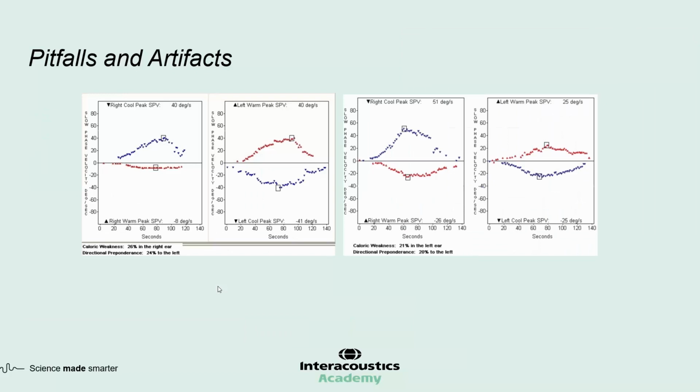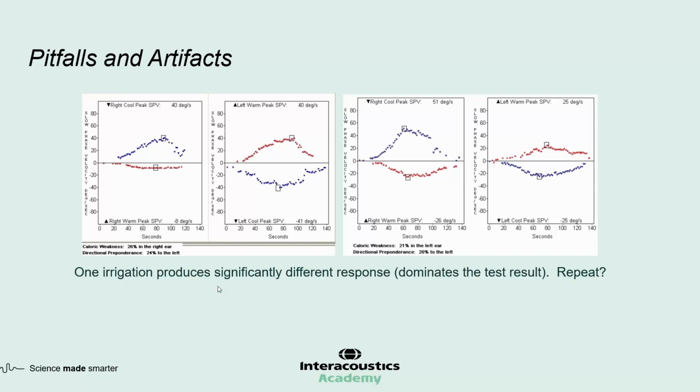Another type of artifact is when one irrigation produces results that are substantially different than the others. So for example, in the example on your left-hand side, the right warm irrigation is much less than the other remaining 3 irrigations.